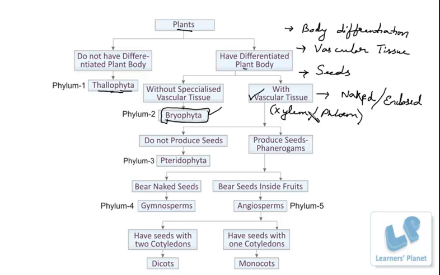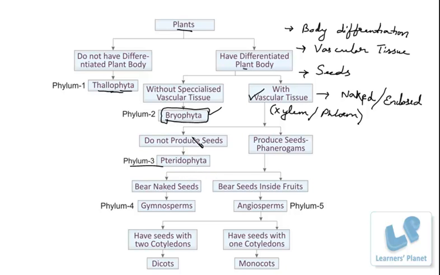Now further, at this level, the next criteria to subdivide the next phylum is the ability to produce the seeds, right? So these plants which are having differentiated body as well as the developed vascular bundles or the vascular tissues, they are coming in the next particular phylum, which is known as the phylum Pteridophyta.